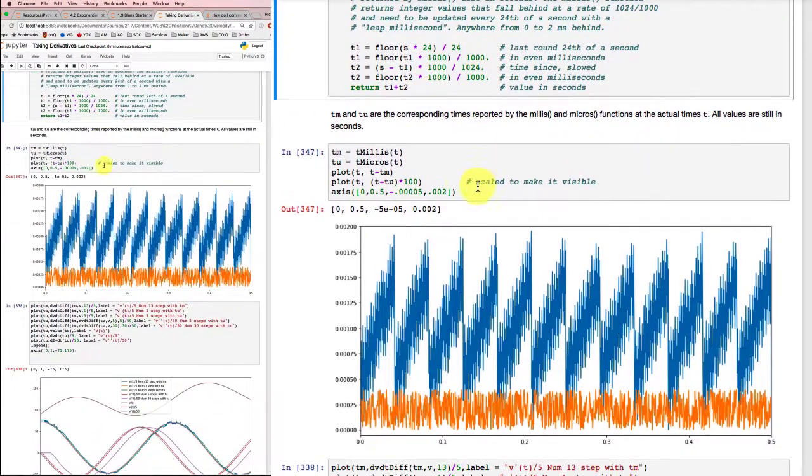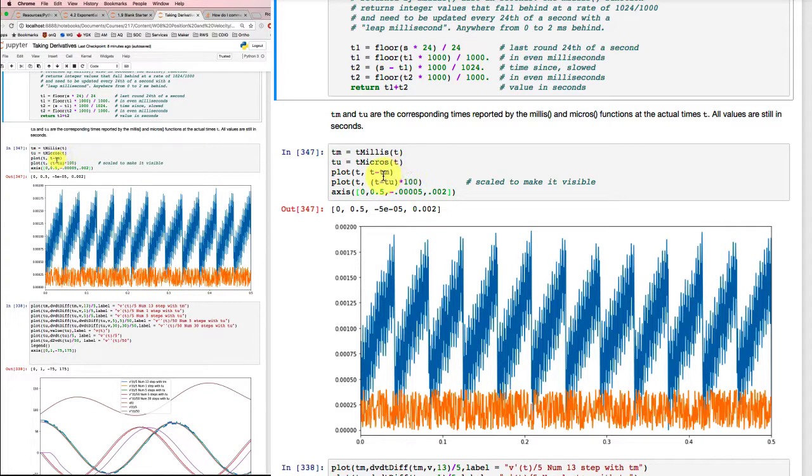And so here I've already got a variable called t for time. I'm going to figure out what the value of t in milliseconds looks like as returned by the millis function as a function of t. And likewise, what does the time in microseconds returned by the micros function look like as a function of t?